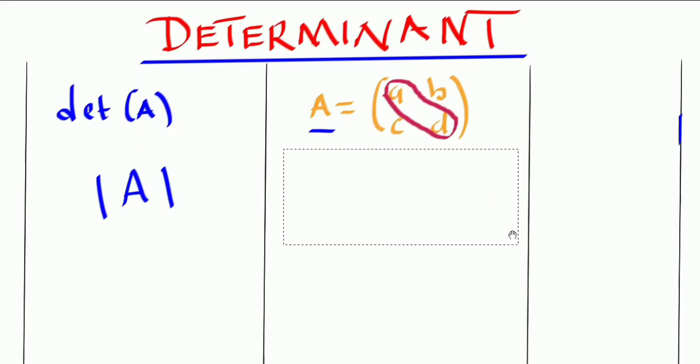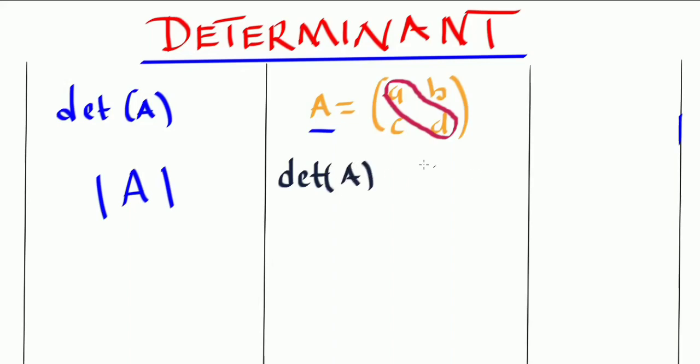If you've been asked to find the determinant, you're going to say the determinant, which is det of matrix A, will be equal to, you multiply the major diagonal, that is A times D, and then you say minus the minor diagonal.